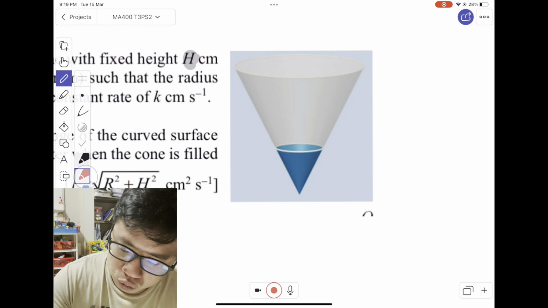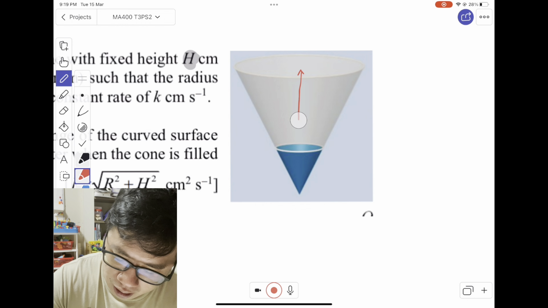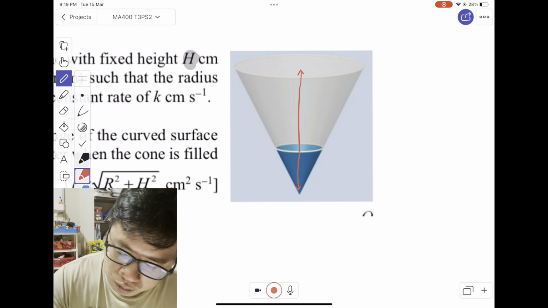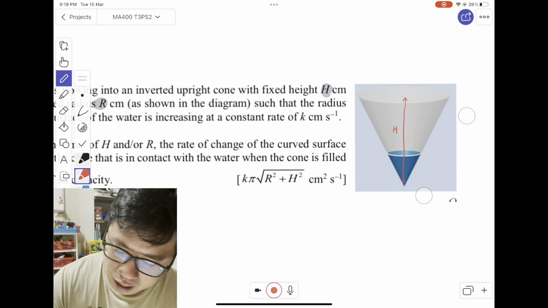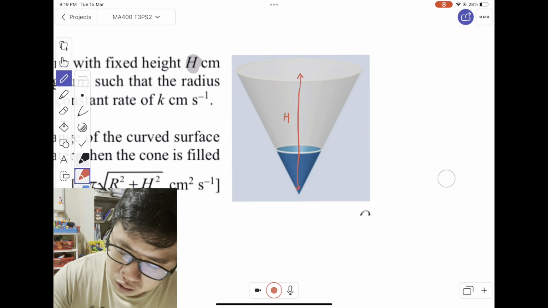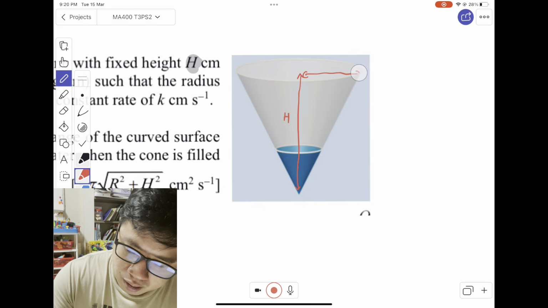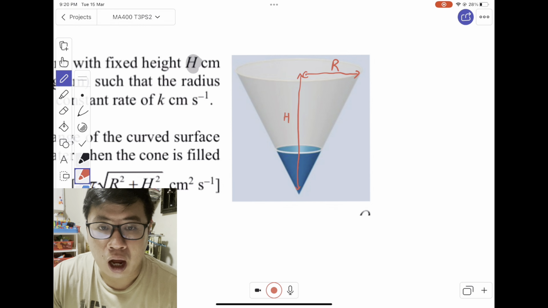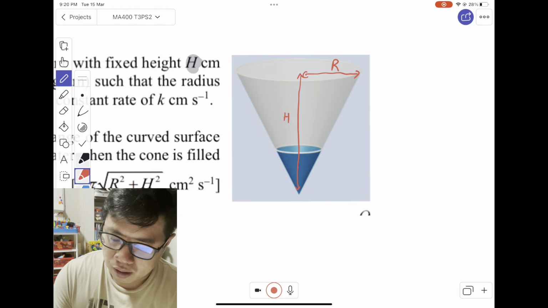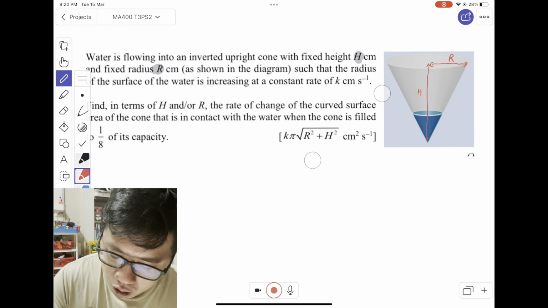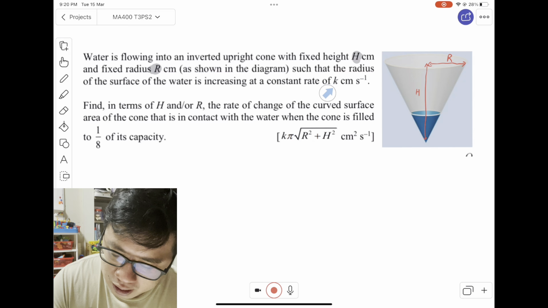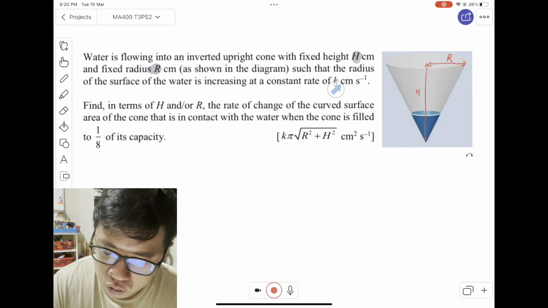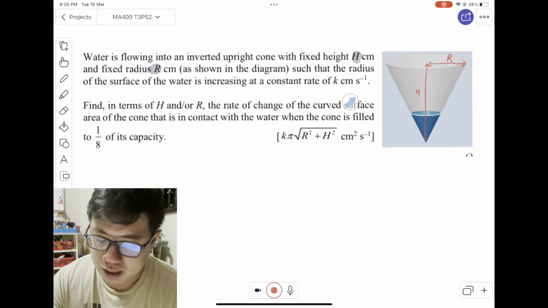If I were to draw it out, the height h would be over here, and the radius r will be over here. I'm not sure if it's shown in your notes, but this is how I will put it across to you. So the radius of the surface of the water is increasing at a rate of k cm per second.